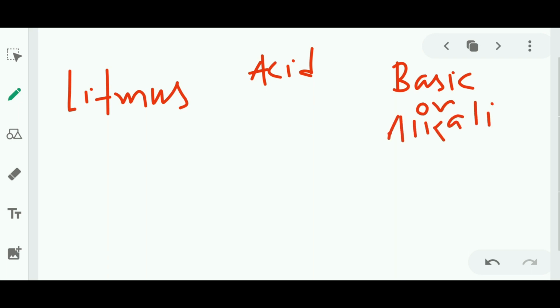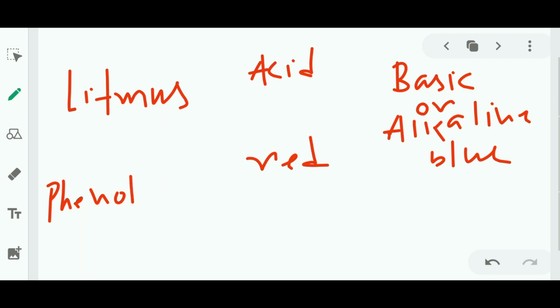Whereas in the case of phenolphthalein, the color is colorless in acid, and in basic solution it is pinkish red.